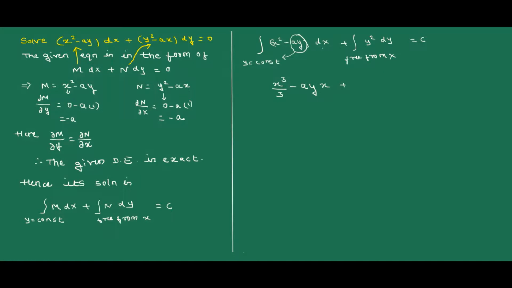Plus what is integration of y square? Integration of y square is y cube divided by 3 is equal to c, or we can also write it as, if you take LCM, x cube minus 3axy plus y cube is equal to 3c, and 3c is constant. We can also write it as c1, which is the required solution.